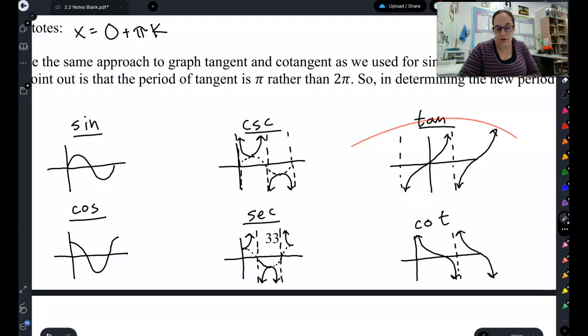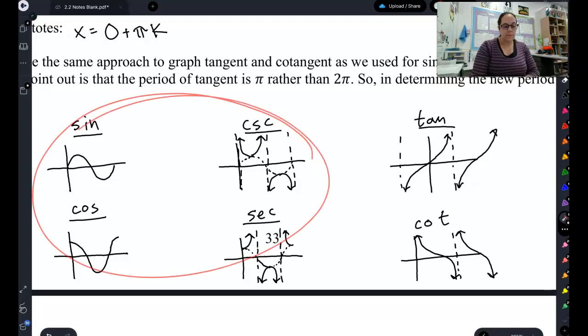Tangent is different in that instead of starting at the y-axis and moving forward, tangent is the only graph that is centered on the y-axis, which is very different from the rest of them, and we're going to have to keep that in mind when we graph them with transformations, which is coming next. So just remember, tangent is centered on your y-axis. The rest of them all go from the y-axis and go forward.